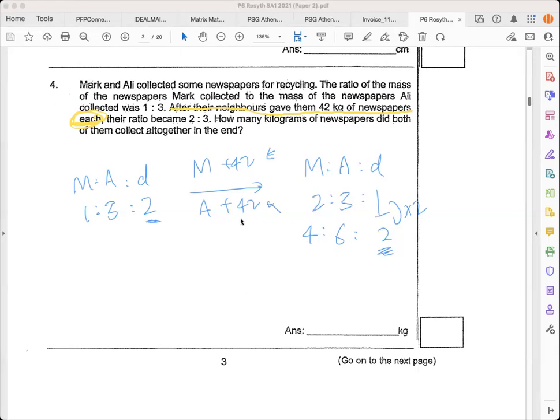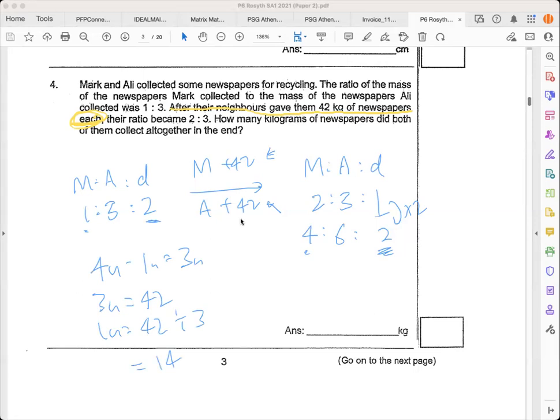Mark has changed from 1 unit to 4 units, so the difference is 3 units. Mark increased by 3 units. Therefore, 3 units has to be equal to 42 kilograms. 1 unit is equal to 42 divided by 3. That gives you 14. So 14 kilograms is equal to 1 unit.